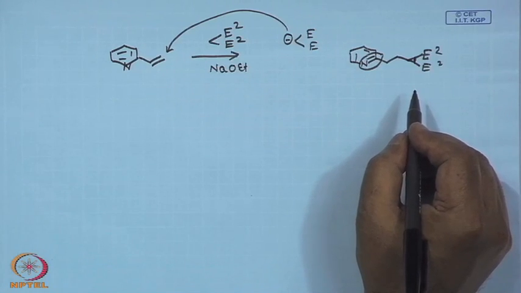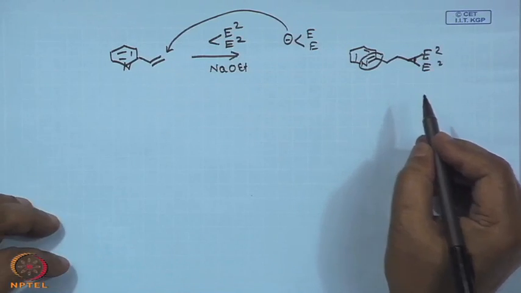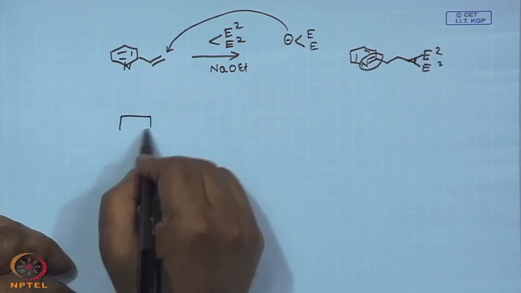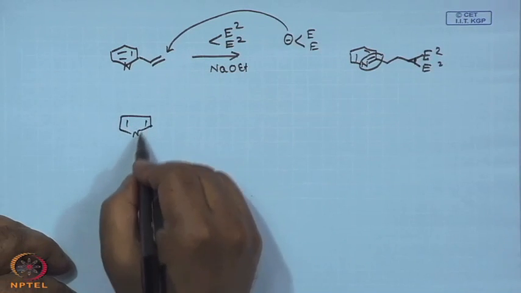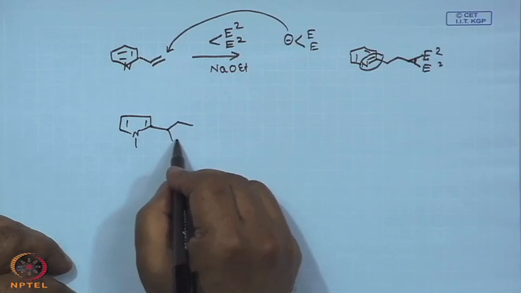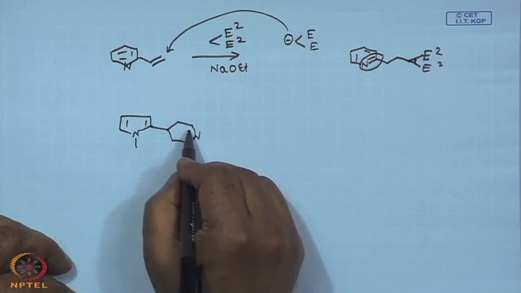So, likewise there are other examples. Let me take you to another example. This is a little different. Now, you have a pyrrole nucleus and a pyridine nucleus.